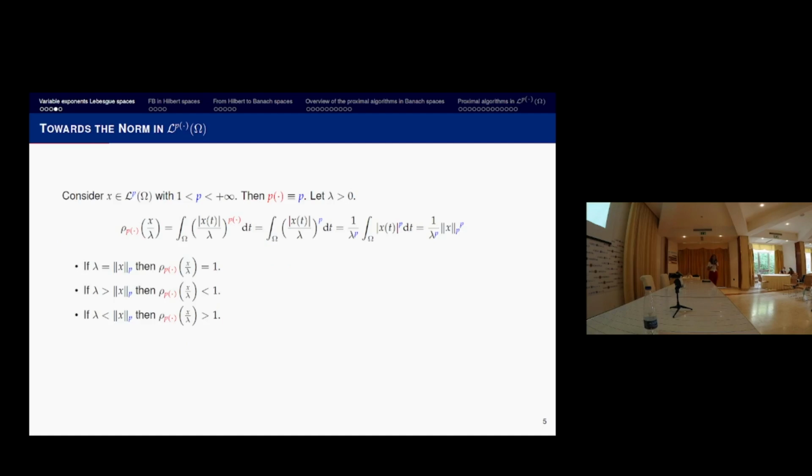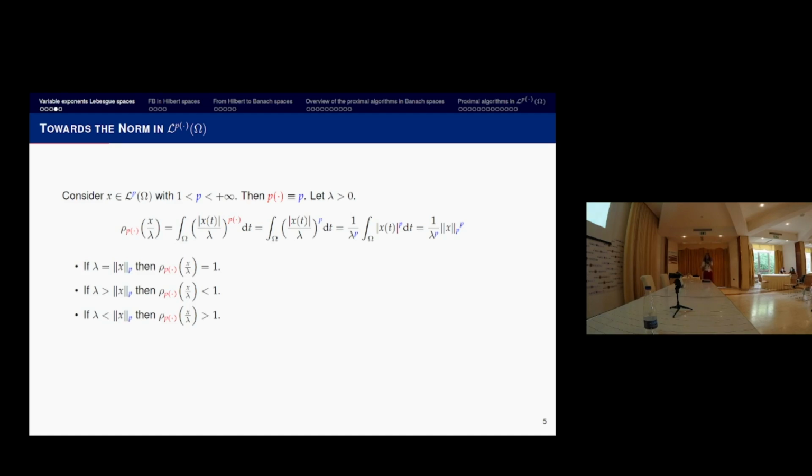We want now to use this quantity, the modular, to define the norm in these spaces. And to do so, let's first consider an element of an L^p space with p constant and a scalar lambda. And let's compute the modular of x over lambda. This quantity is equal to 1 over lambda to the power of p times the norm of x to the power of p.